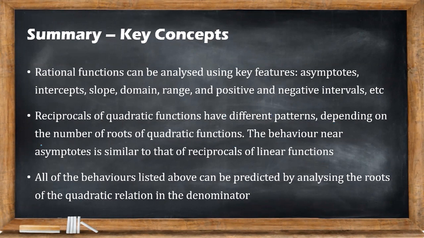The behavior near the asymptotes is similar to that of reciprocals of linear functions. Last, all of the behavior listed above can be predicted by analyzing the roots of the quadratic relation in the denominator. Okay, so this is what we have learned for today.